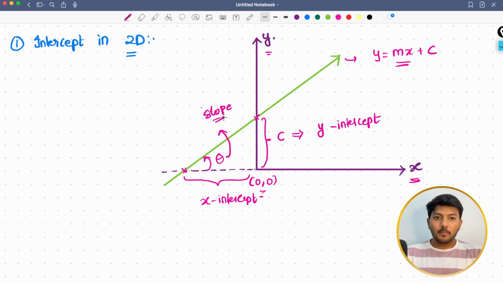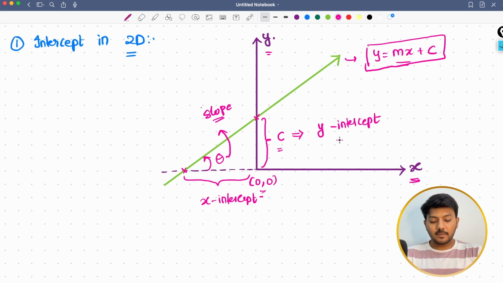So there are three components in a given line, y equal to mx plus c, in which c is called the y-intercept, this is called the x-intercept, and the angle it makes with the x-axis is called the slope of the line.